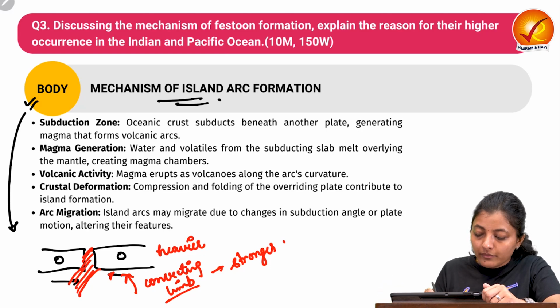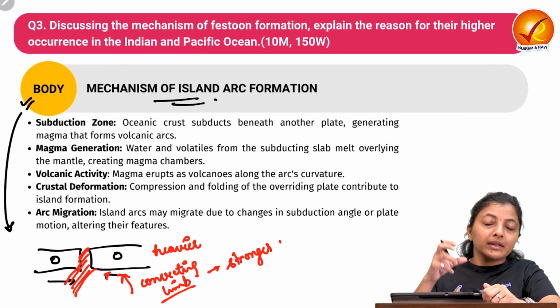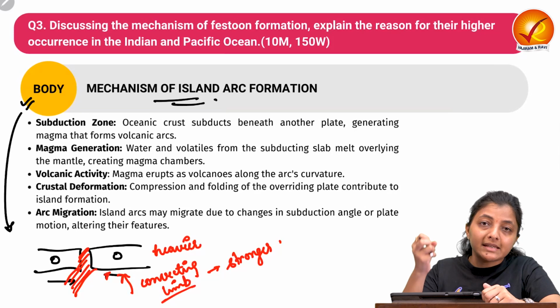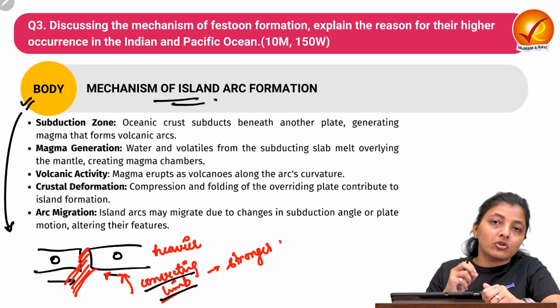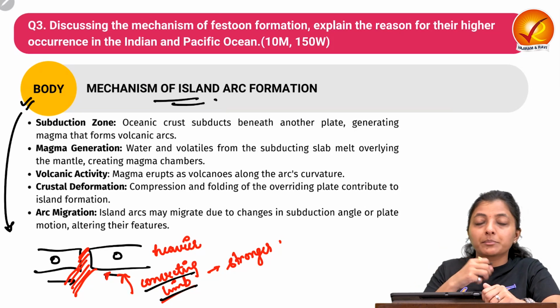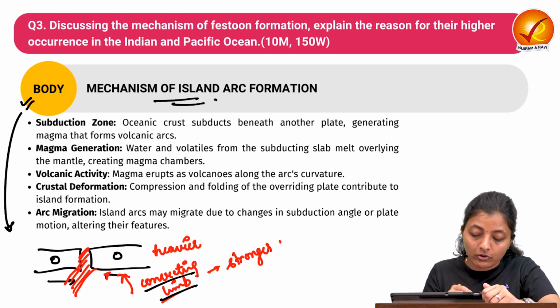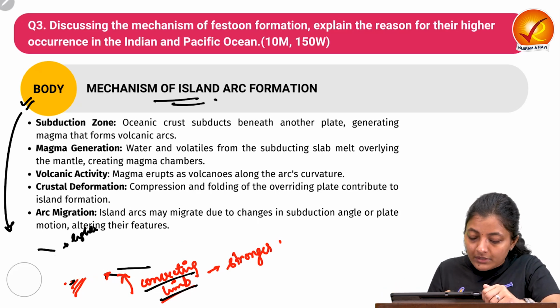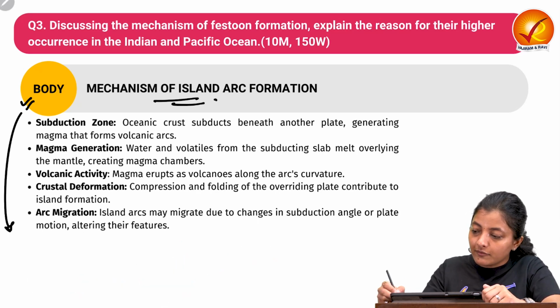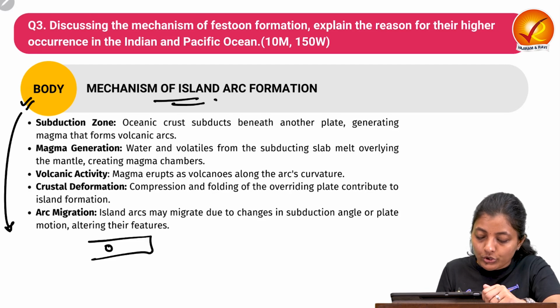Okay, so we know the subduction process: when one of the oceanic plates is denser, is heavier, or when the convective limb is stronger, then that oceanic plate gets subducted beneath the other, lighter oceanic plate.